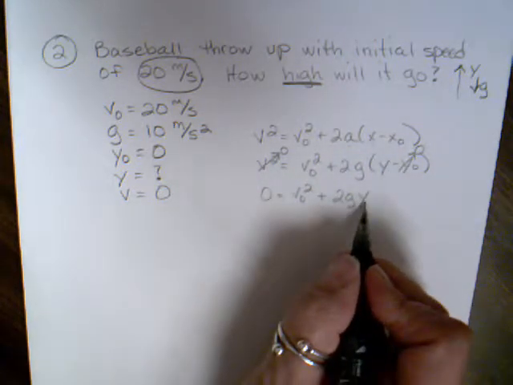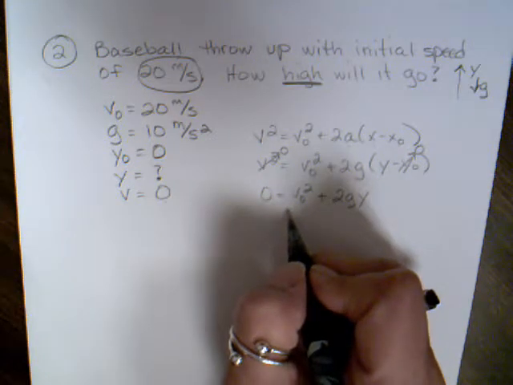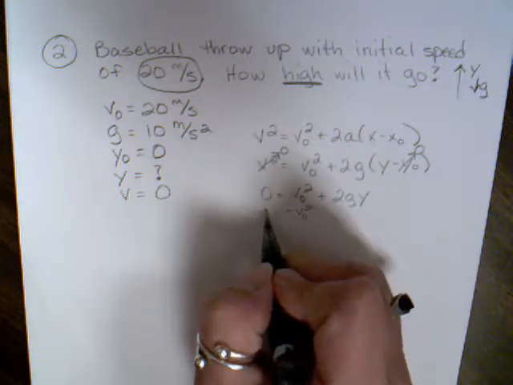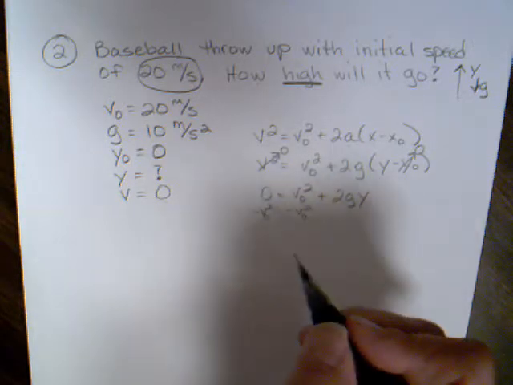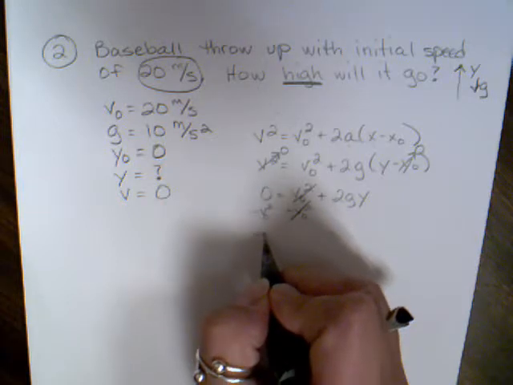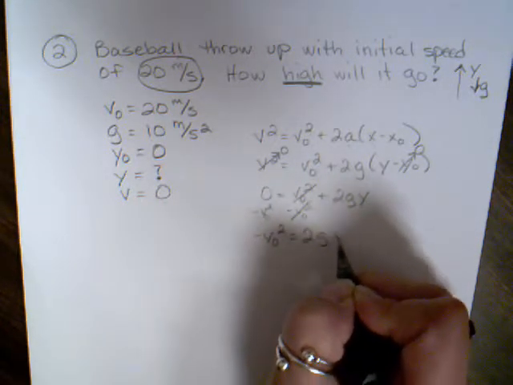And I am solving for y, so I'm going to have to manipulate this formula. I'm going to move v naught squared over to the other side by subtraction. So I'm going to have minus v naught squared equals 2gy.